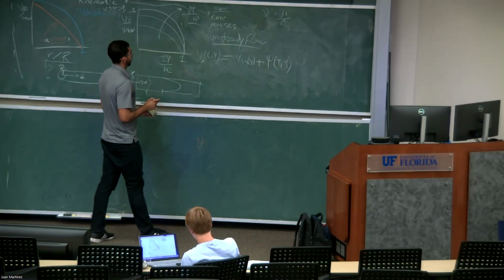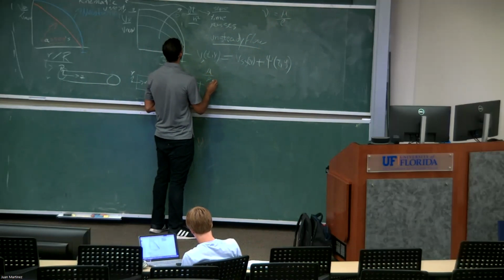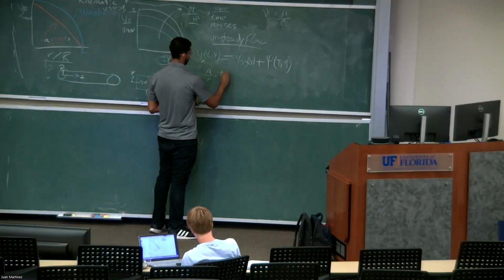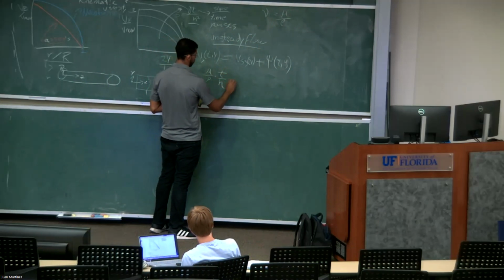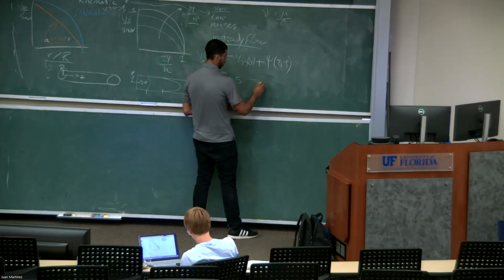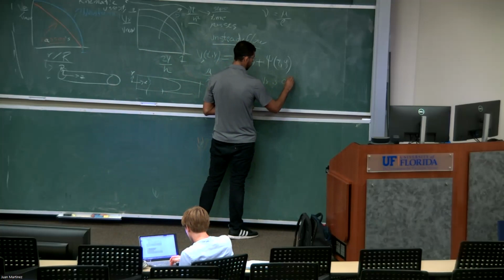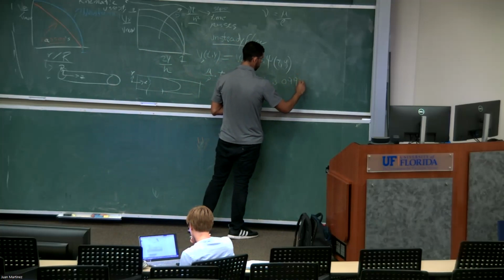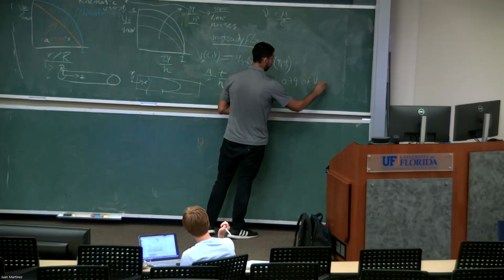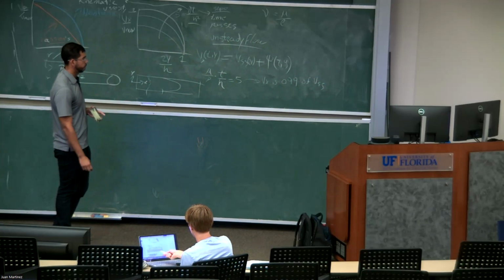What we're saying is that when this expression, nu, which is mu divided by rho, times time over h squared is equal to 5, then our velocity is like 0.99 of the steady state. Yes, it says the velocity profile approaches within 1% of the steady state value.